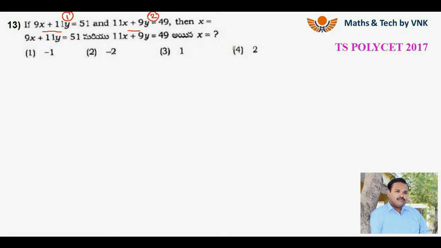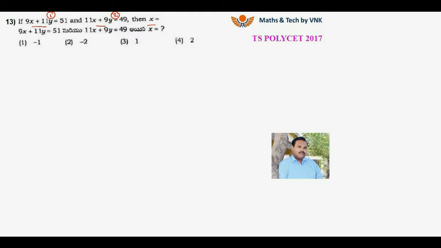So to find x value we have to eliminate y. Subtract equation 2 from equation number 1. So this is 9x plus 11y is equal to 51 and this is 11x plus 9y is equal to 49. So second equation subtracted from the first. So this is minus, minus, minus.